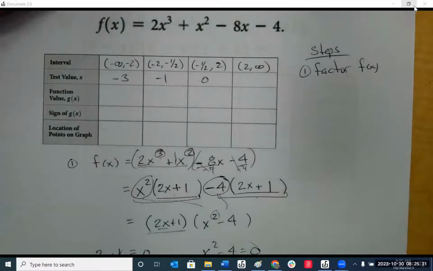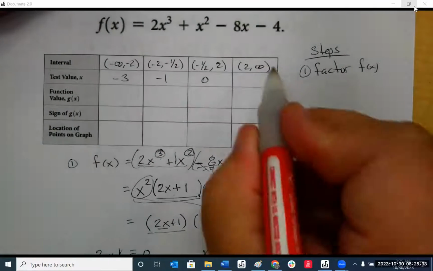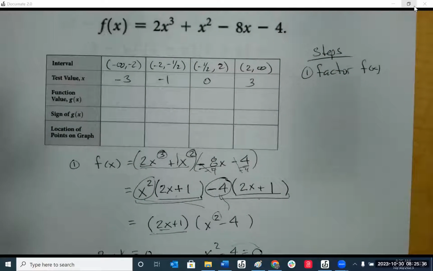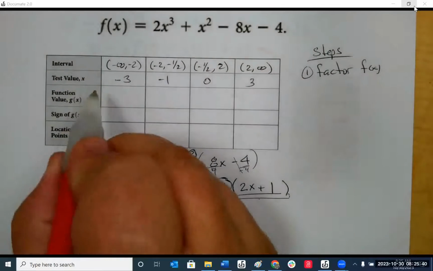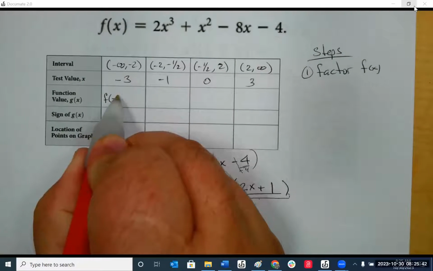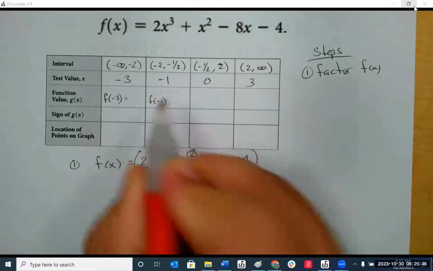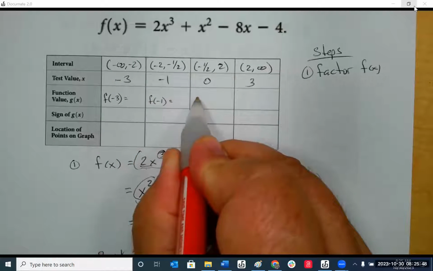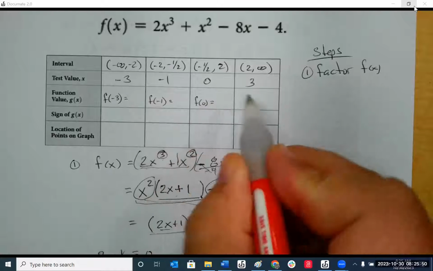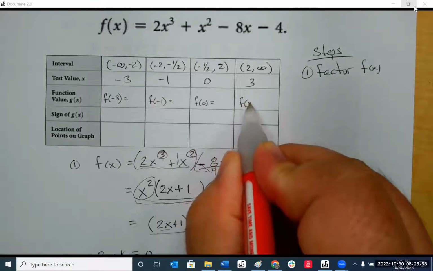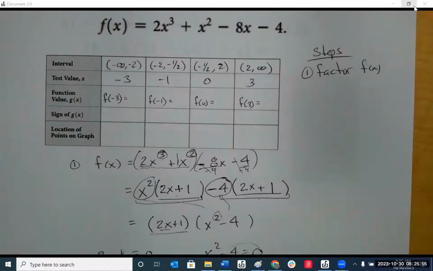It's much easiest. And then the last one, I'll use 3. Plug those values in the equation and work it out.